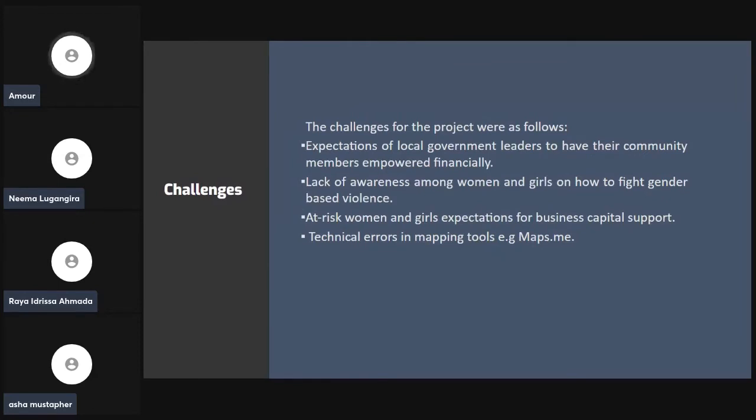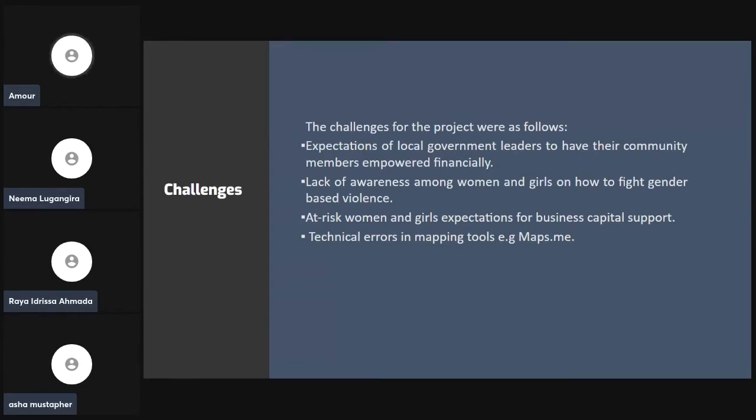And the few challenges we are facing. I can say the first challenge is common to many places you go in Tanzania. For example, even for ourselves as OMDTZ, this has also been a challenge in many areas that we go to for data collection.